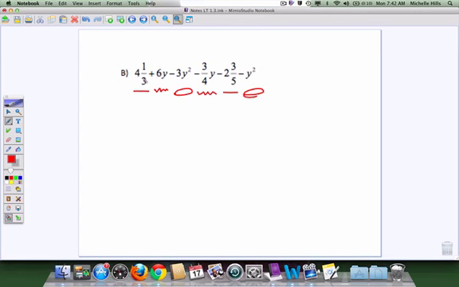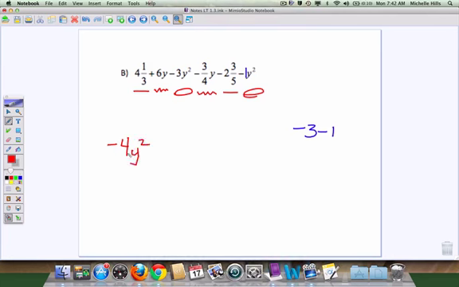Constants go last, and within my y's, a y to the second power would go before y to the first power. So I'm going to take my calculator and punch in -3 minus, there is a coefficient here. We just don't usually write the 1 coefficient, so this is like -1. And -3 minus 1 is -4 for the coefficient of my y squared term.